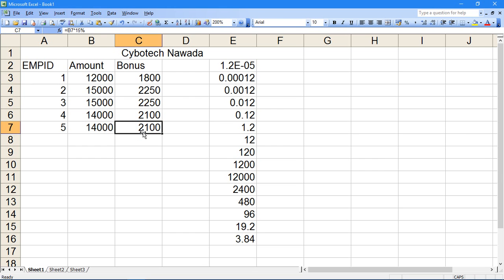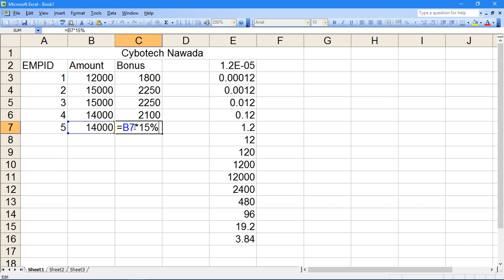This is beneficial. Suppose we write the formula here equals B7 into 15%, and now using the fill handle we copy this formula in the upward direction. Again the result is perfect.